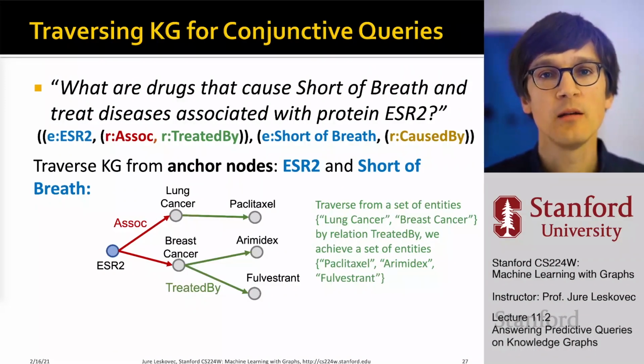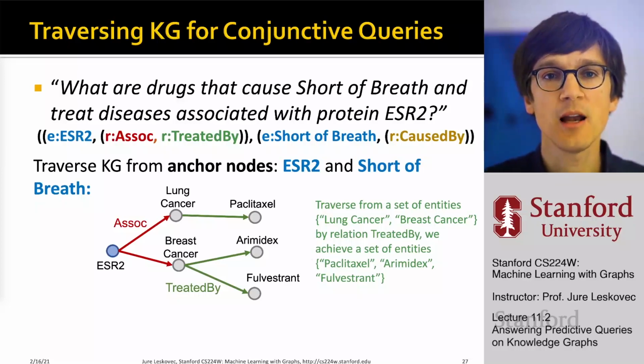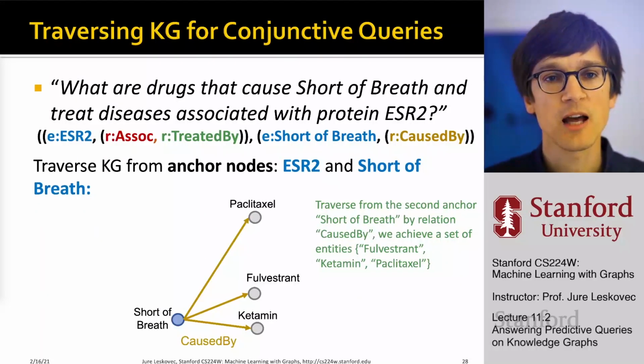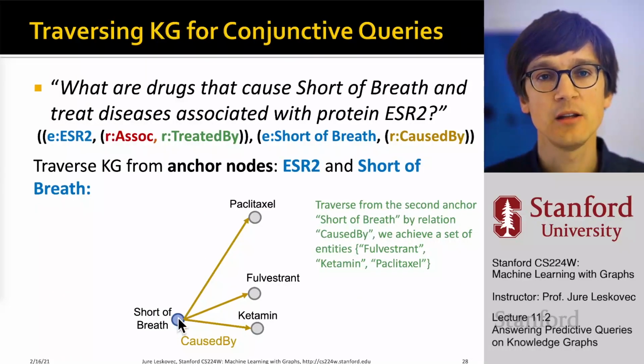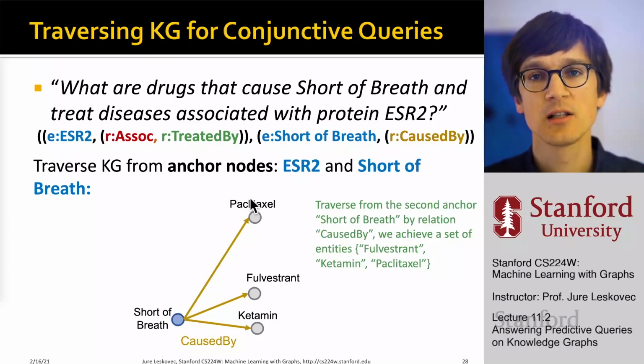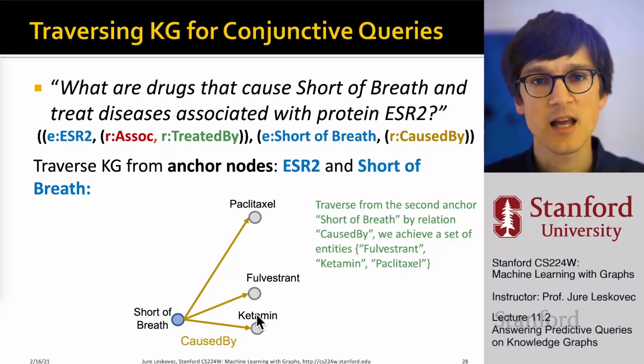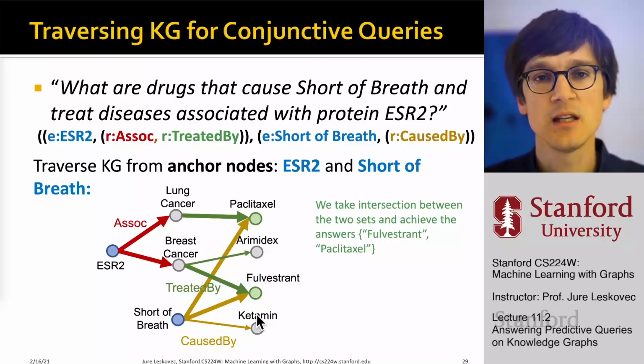From here, we move to the drugs that treat these diseases, traversing across the treated by relationship to arrive at a set of drugs. Then we also start with the shortness of breath entity and move across caused by. These are the drugs that cause shortness of breath. Now we take an intersection between this set of entities and that set of entities, and whatever is in the intersection is the answer to our question.